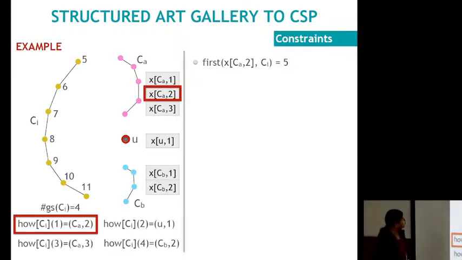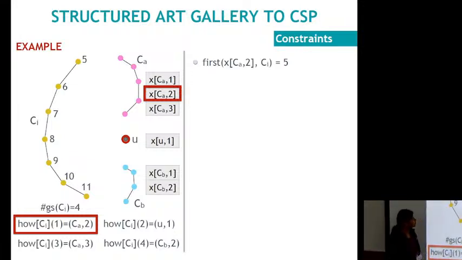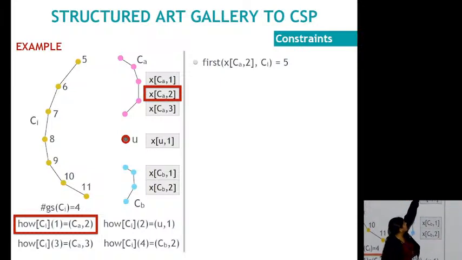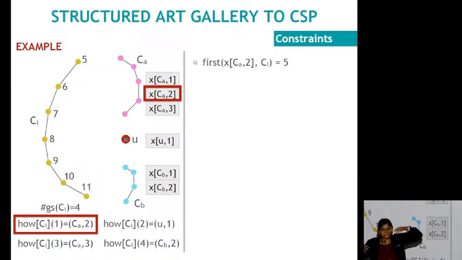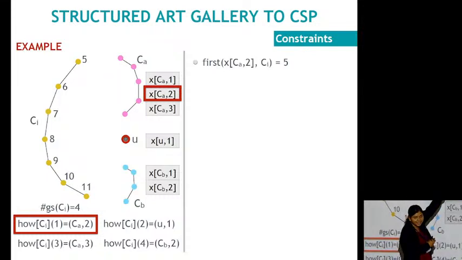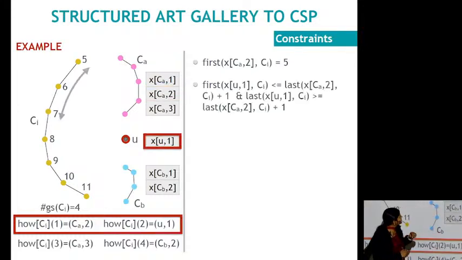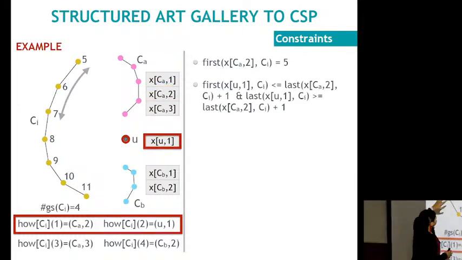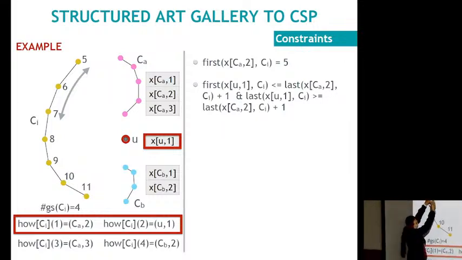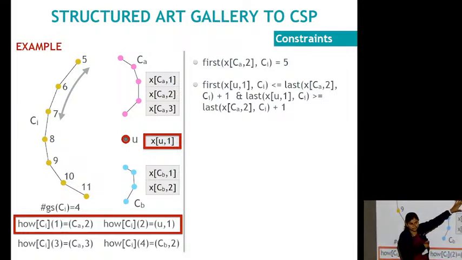Suppose how(Ci, 1) is (Ca, 2), then whatever value you assign to the variable x(Ca, 2) must see the first vertex in the convex region Ci. So we have a constraint of that form. Then that guard sees a piece of some region starting from the first vertex till a certain vertex. Now let us look at the next guard that is responsible to see.